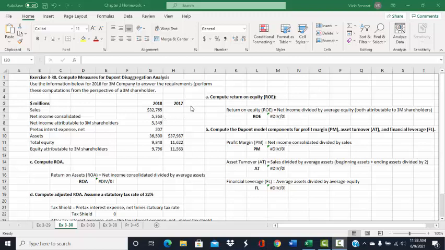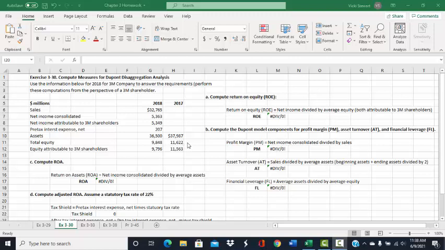Now when we look at the information that we're given on 3M, we notice that we have net income consolidated and net income attributable to 3M shareholders, and total equity and then equity attributable to 3M shareholders. Now this means when you have two different amounts that there is a small proportion of 3M's consolidated equity that belongs to non-controlling interest.